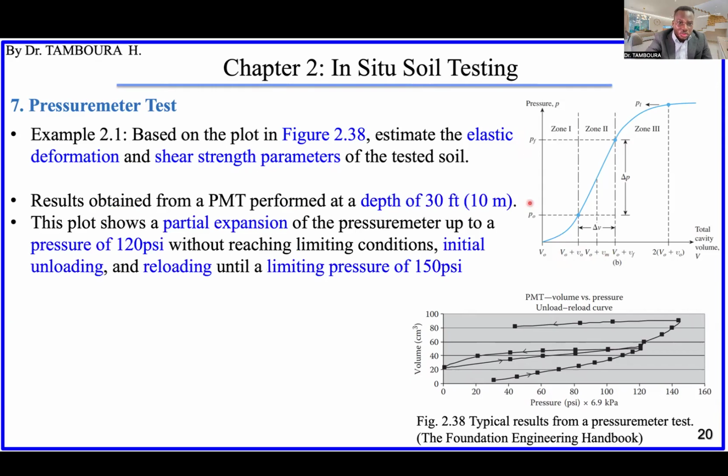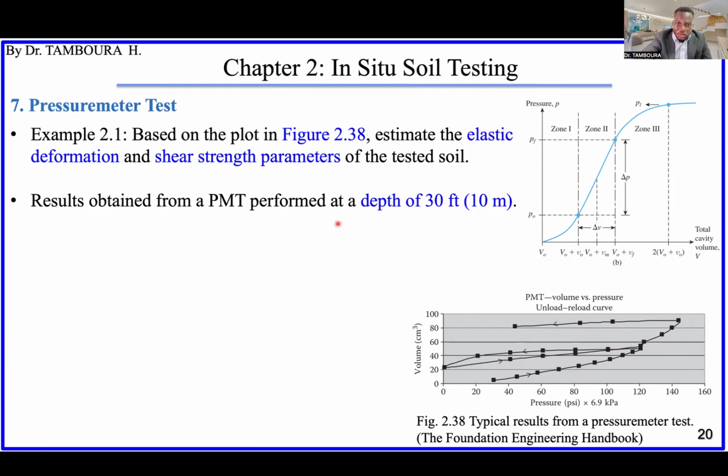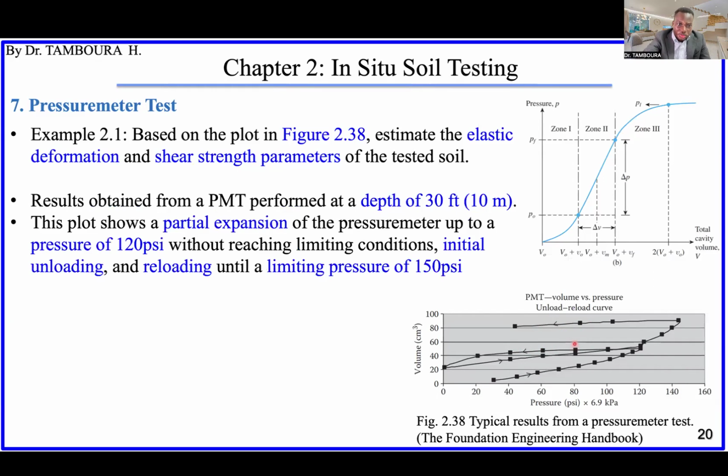Okay. So this one result is at 10-meter depths. The result here. Okay, this is one information. And the plot here, we can see that we have up to 120 here first, without reaching the limit.